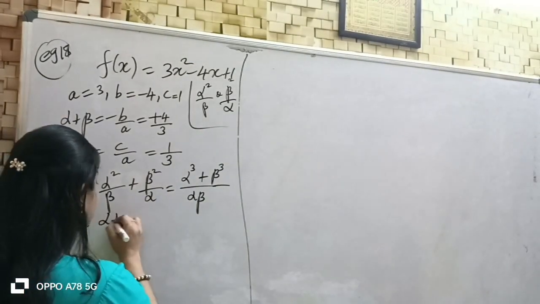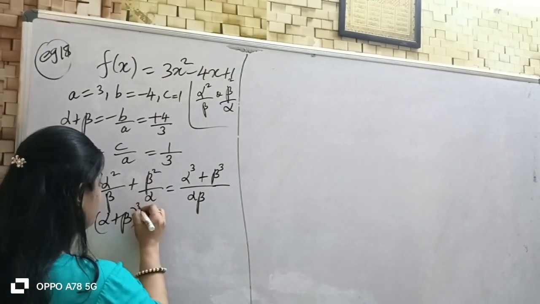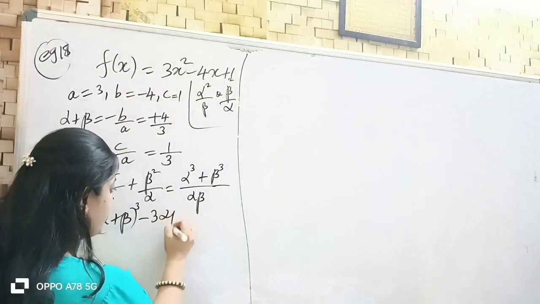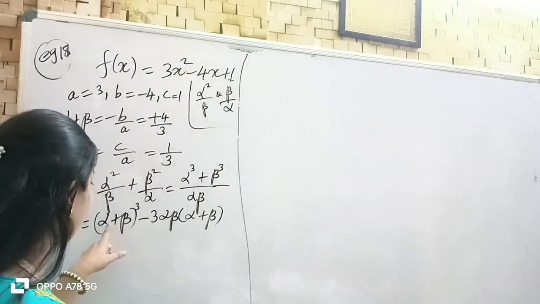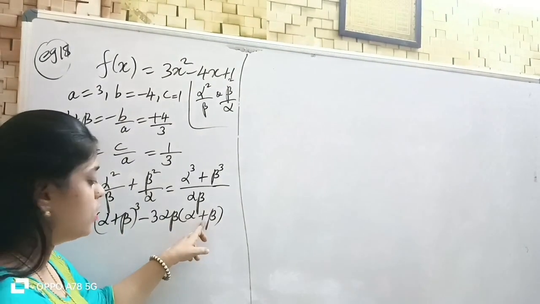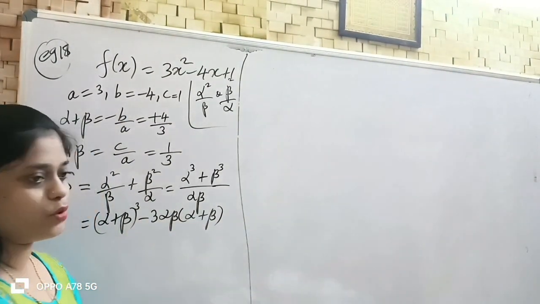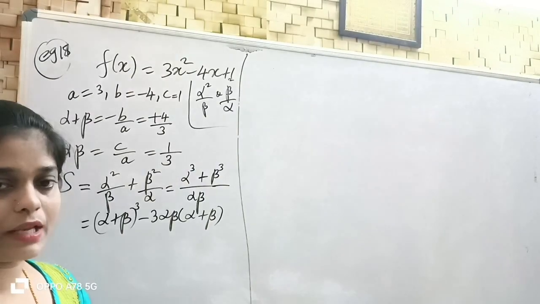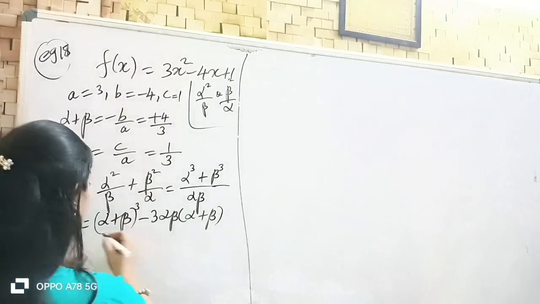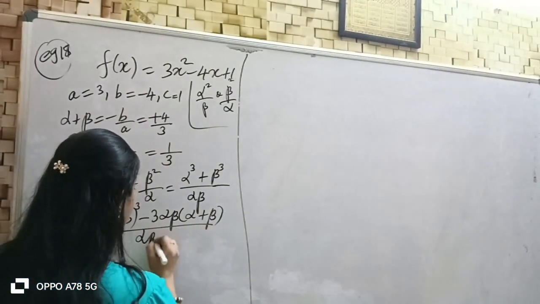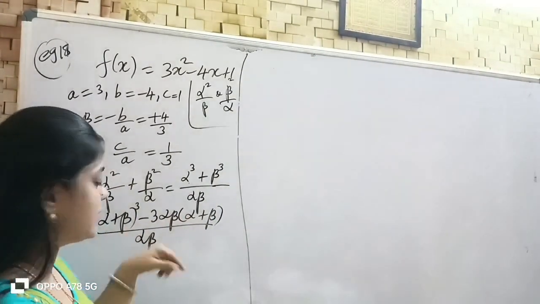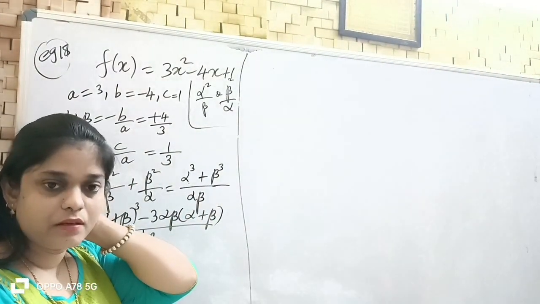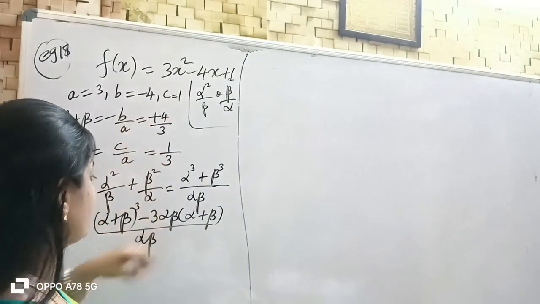The alpha plus beta the whole cube minus 3 alpha into beta, alpha plus beta. Is it correct? இங்க plus na, இங்க plus வரும். இங்க plus na, இங்க வெளிய minus வரும். இதெல்லாம் clue. So in the formula replace instead of a cube, that is alpha cube plus beta cube. Now alpha into beta, alpha plus beta. Is it correct?